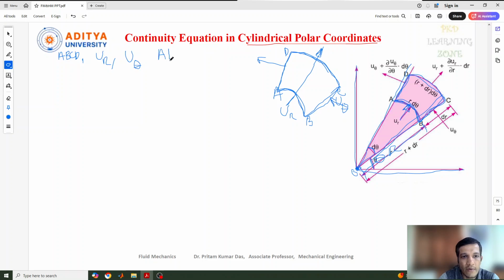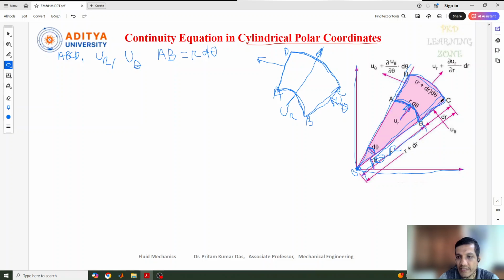The length can be written in terms of r and theta. What is the length of this? The radius is r, so the distance from here to here is r, into d theta, the angular value of this. So that is r d theta.